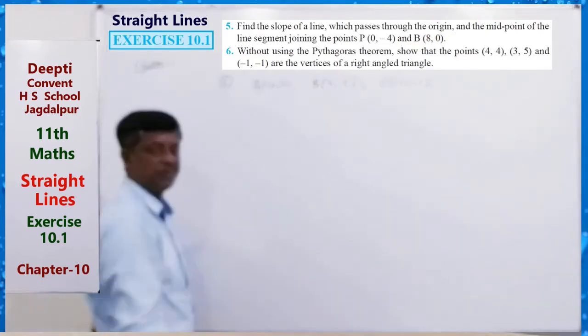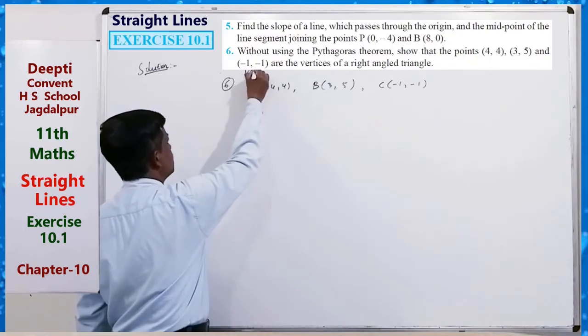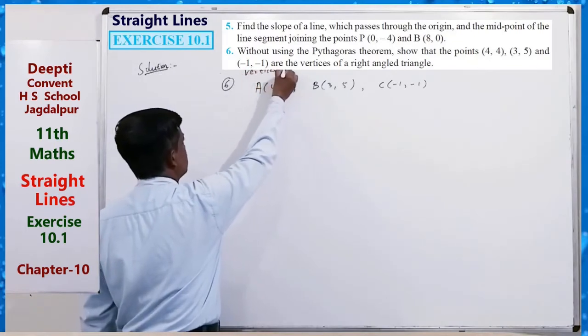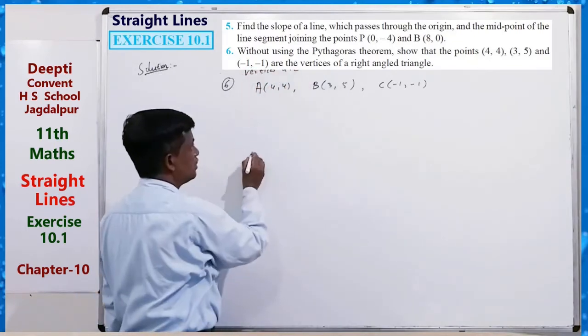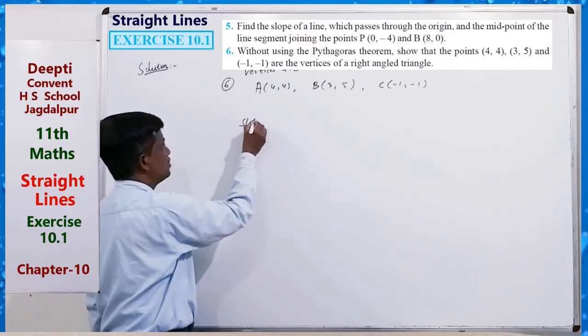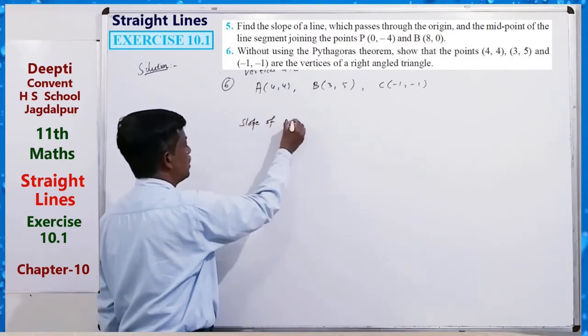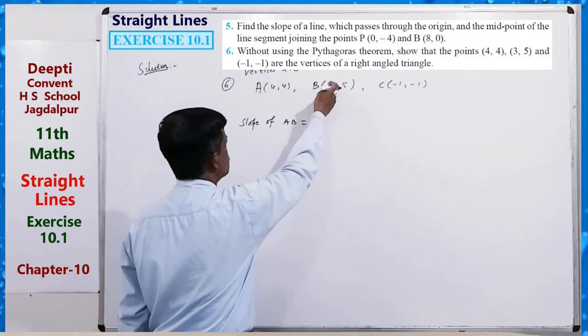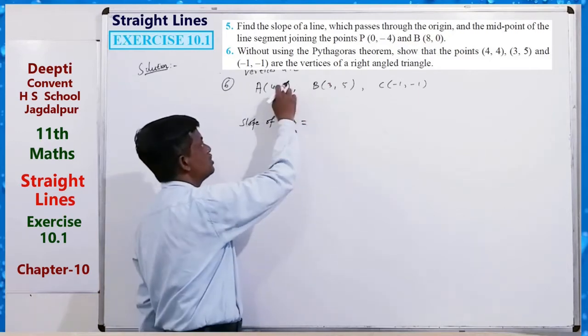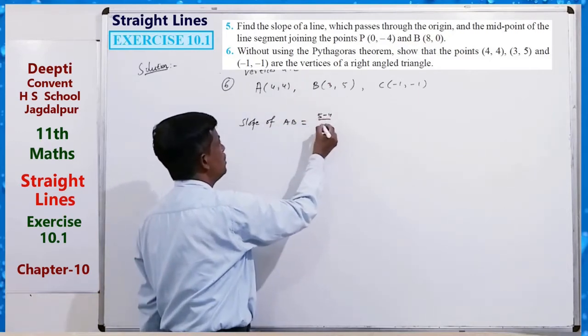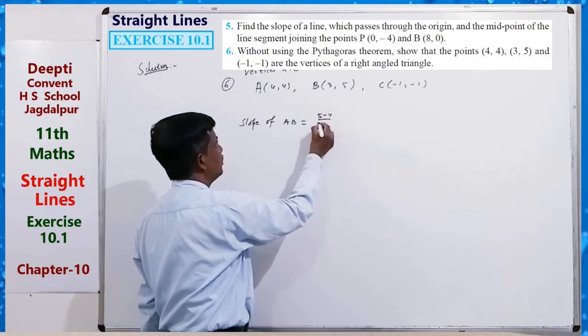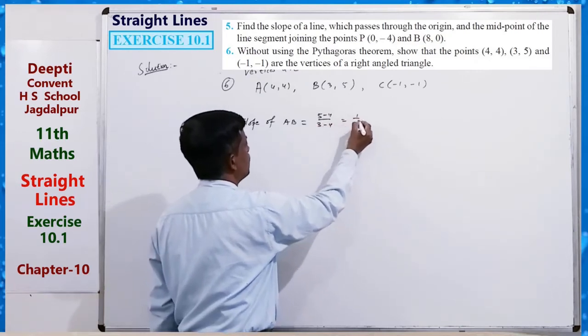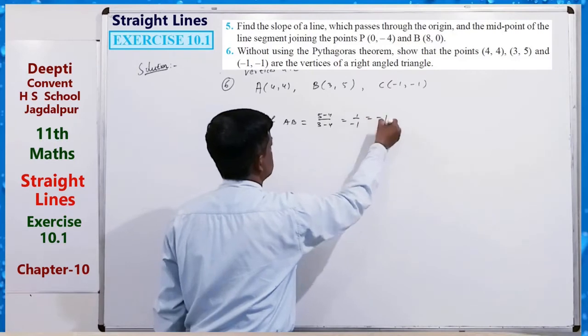These are the vertices. Slope of AB is y2 minus y1, 5 minus 4, by 3 minus 4, equals 1 by minus 1, equals minus 1.